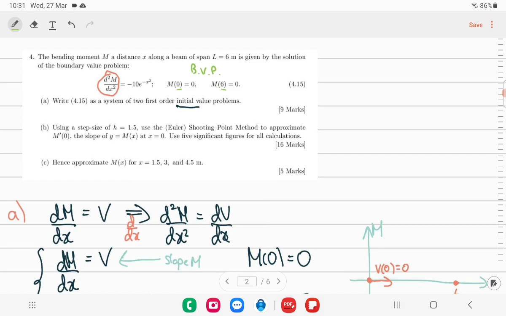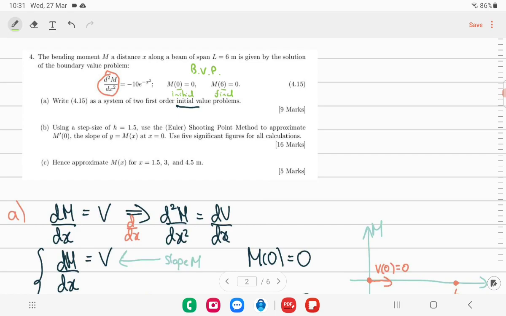Here you'll notice that you have m at two different points. This is like the initial, and then this is like the final value of m, and that's what you're trying to hit. Now, if you don't write this as two first order initial value problems, you're going absolutely nowhere. You're doing very, very poorly.